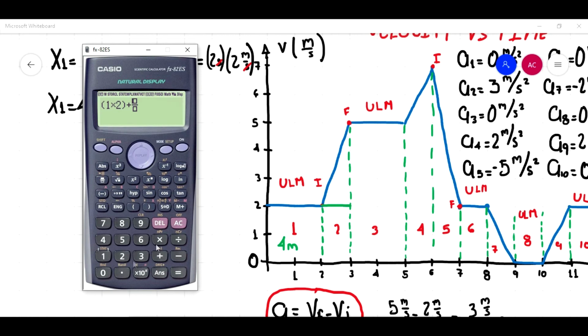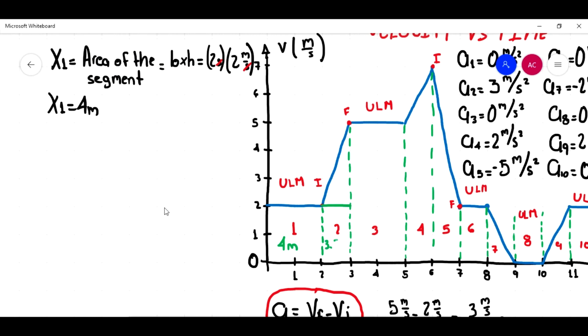The base is 1 times the height, which is 5 minus 2, that is 3 meters per second, over 2. The height is 1, 2, 3. So it equals 7 over 2, 3.5. So I'm going to write here 3.5 meters.